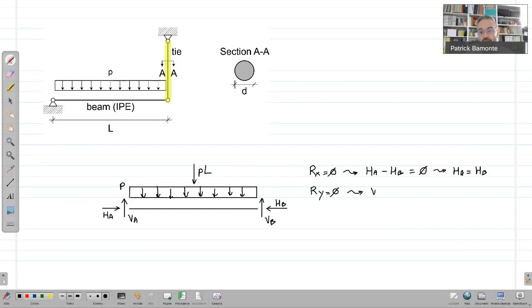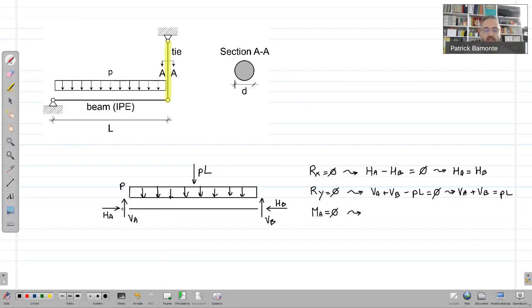So in equation, VA plus VB minus PL equal 0, which immediately leads to VA plus VB equal to PL. Then we need a rotation equilibrium. So a rotation equilibrium is, for example, MA equal to 0. So if there is a hinge at the first end, the moment of the forces with respect to this point should be equal to 0.